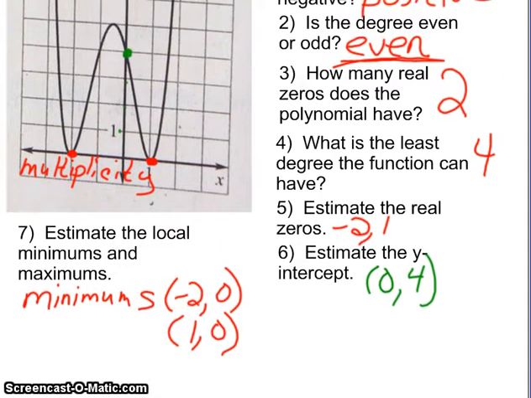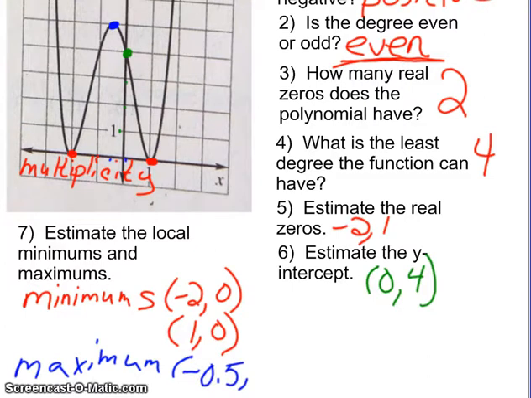The maximum, the local max, would be about there. What's the x-coordinate? It would be about negative 0.5. What's the y-coordinate? Let's see, 1, 2, 3, 4, 5. About positive 5.